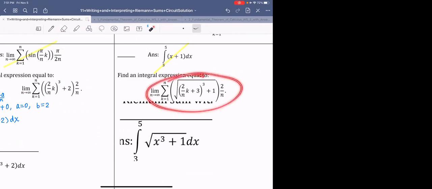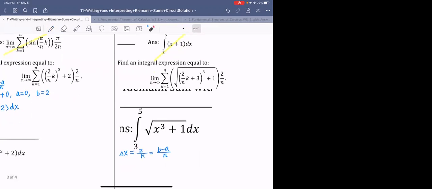From this, who is delta x? This is delta x, correct? 2 over n, which is b minus a divided by n, correct?